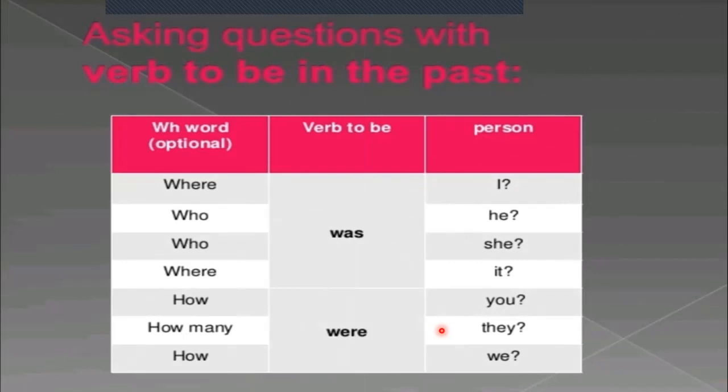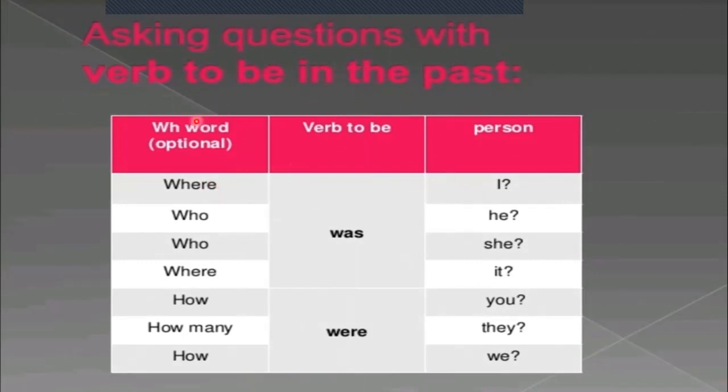Now, my students, we will know how to make also a question with verb to be in the past. We know how to make a question with the verb to be in the present. And now we will know how to make a question with verb to be in the past.